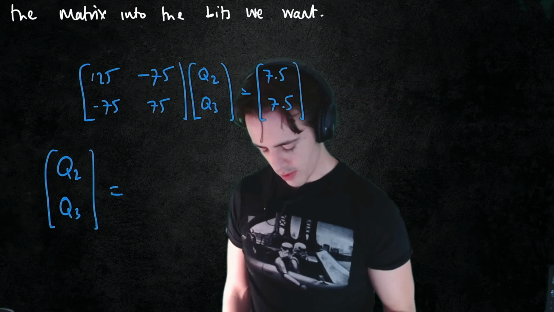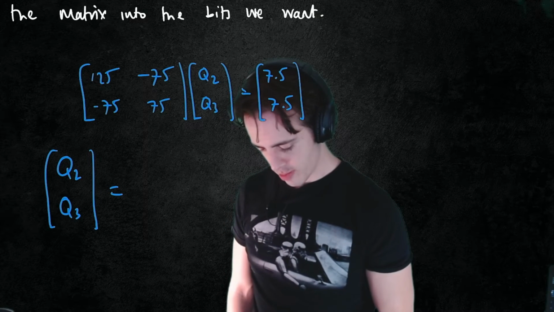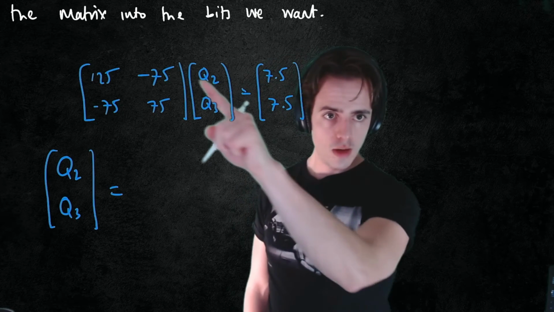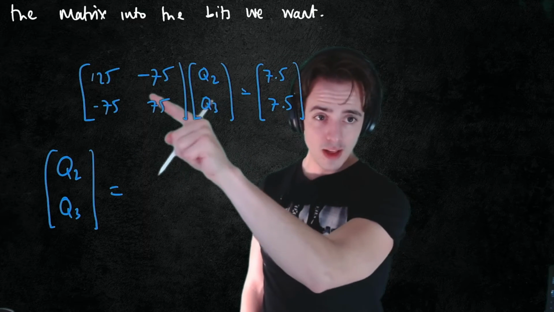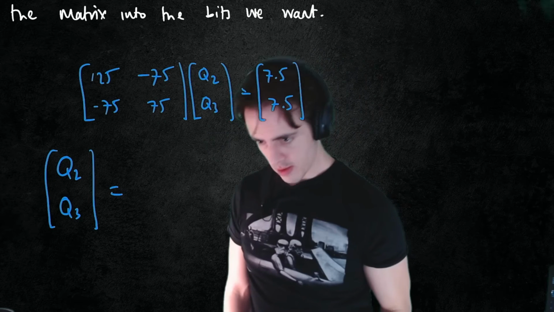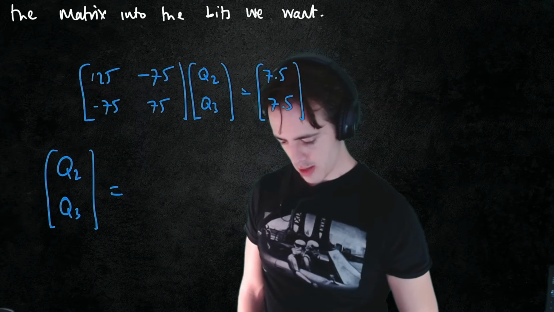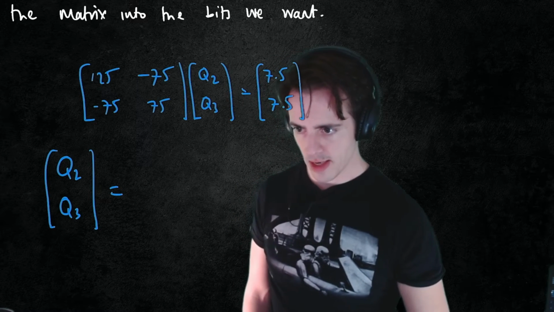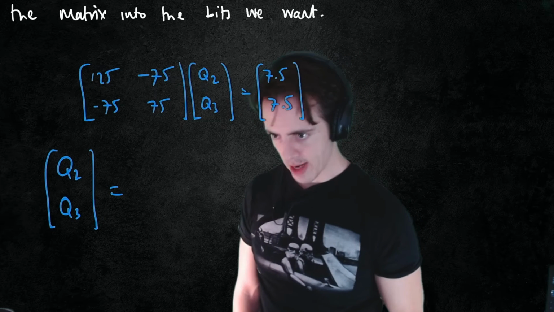is equal to, now let's remember my matrix algebra. I need to swap these two and swap the sign of these. So that is going to be 75 in the upper left hand side, 125 in the lower right hand side.